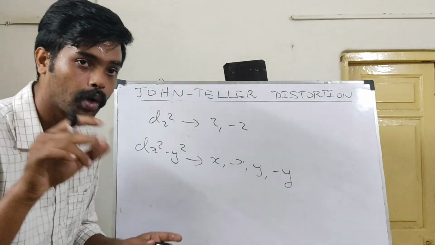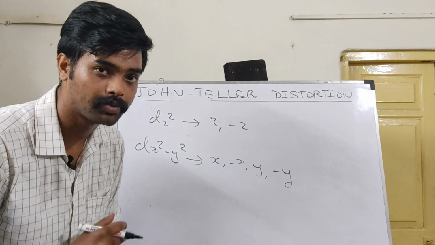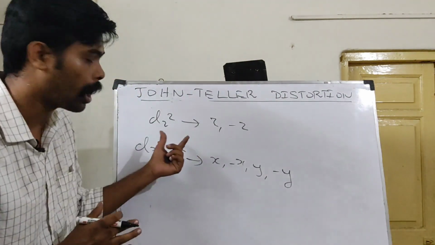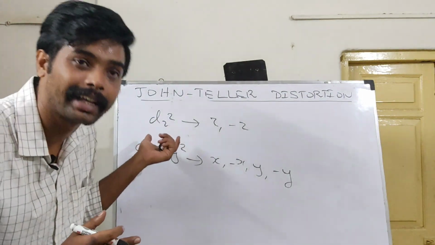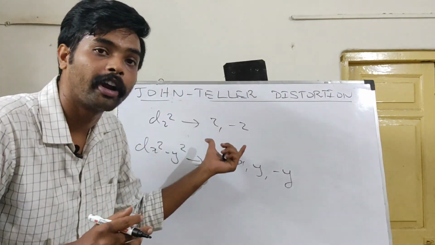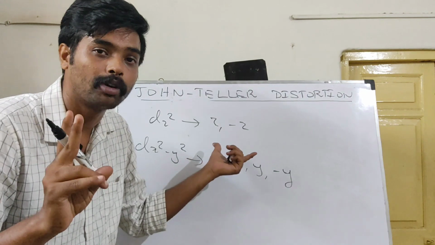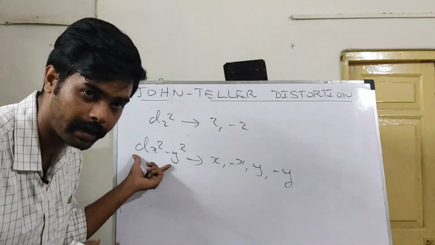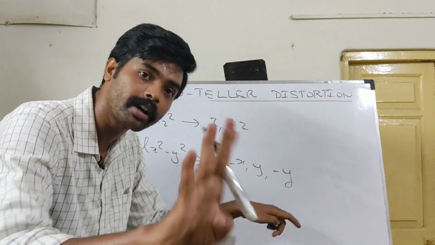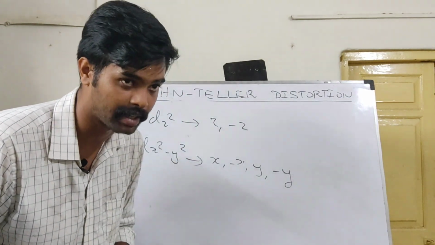Now I told you, you have to put the electron in an orbital which will suffer lesser repulsion. So obviously from these 2 you can understand that I will put the electron in dz squared, because there are only 2 directions in which the repulsion is going to increase. If I put the electron in dx squared minus y squared, there are going to be 4 directions in which the repulsion will increase, right?